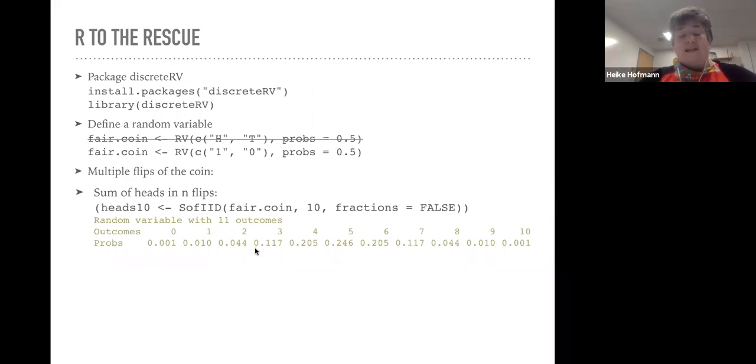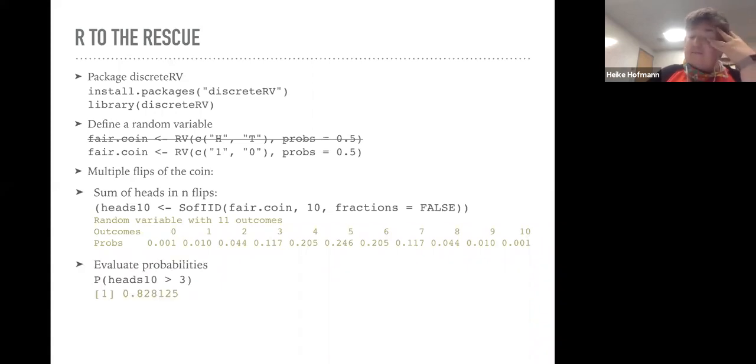And we didn't have to work particularly hard for this. So SOF stands for sum of IID. So we're summing over all of those fair coin flips. We've got 10 fair coin flips, fair coins that will be flipped, or one that will be flipped 10 times, doesn't really matter. And we can see here the probabilities from 0 heads to 10 heads.